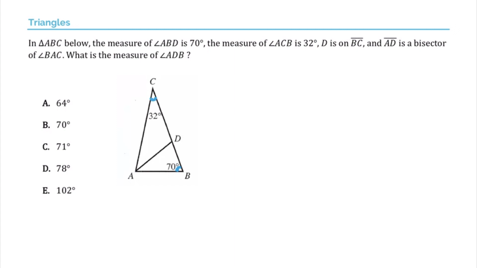D is on BC. Okay, so that means that this is a line from C to B and that point D is on it. And AD is a bisector of BAC.